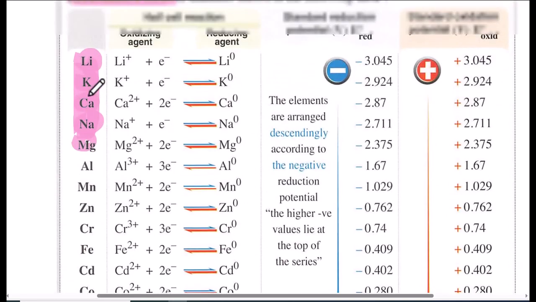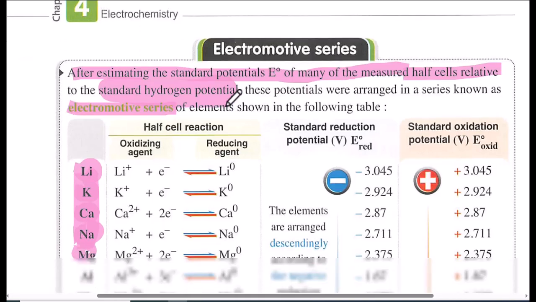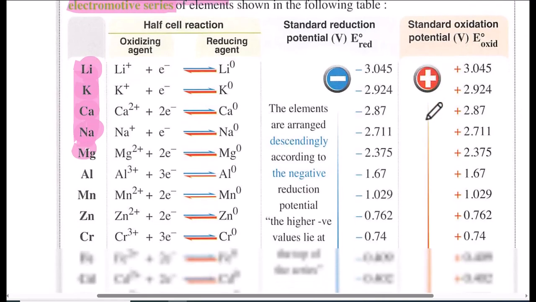Now again, the electromotive series. What is the electromotive series? It is the arrangement of elements descendingly according to their oxidation potential.